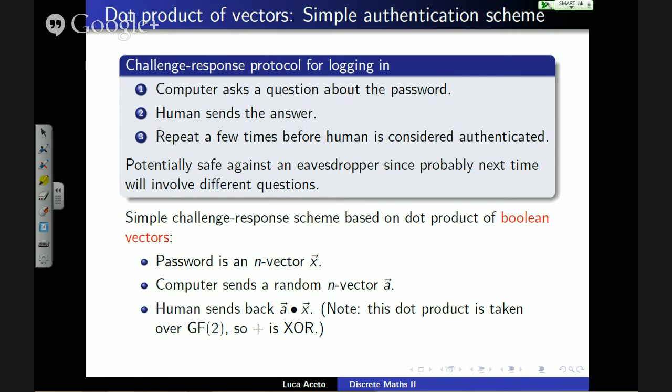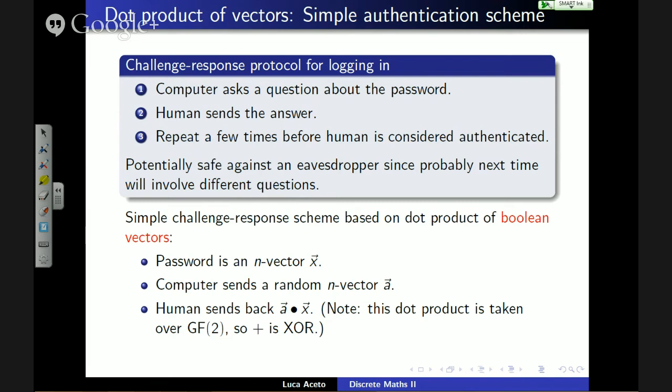It sends you a question about the password. You reply. The computer then asks you another question about the password. You reply. And the question typically is not "what is your password?" Otherwise, it's the old scheme. And you keep doing this repeatedly until the website is satisfied that you are the person you claim to be.